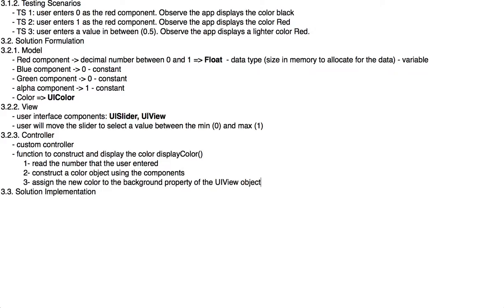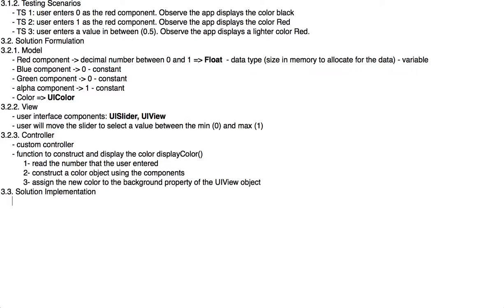The user interface has the view, and the controller needs to set the background property, or put the color in the background property of that view. The user moves the slider knob, and that generates an action. We need to trigger that action with the controller. So we need to actually connect outlets and actions between the view and the controller as well.